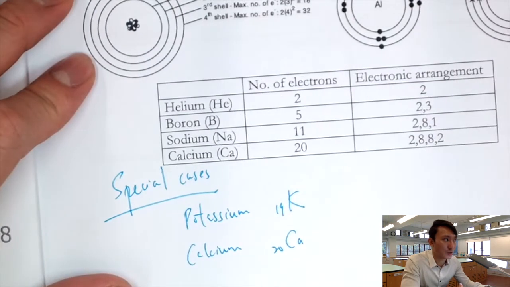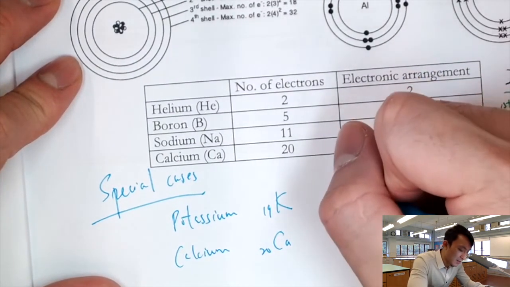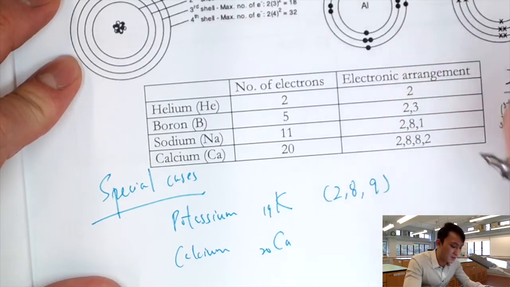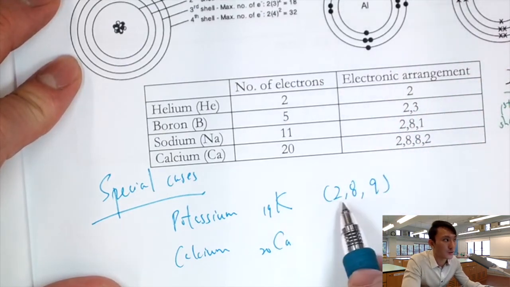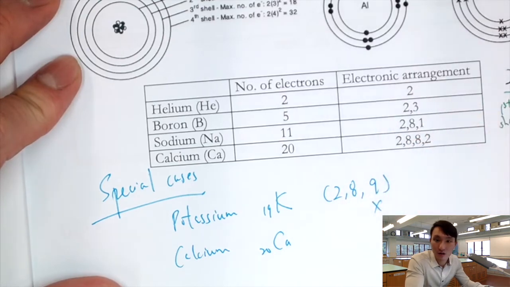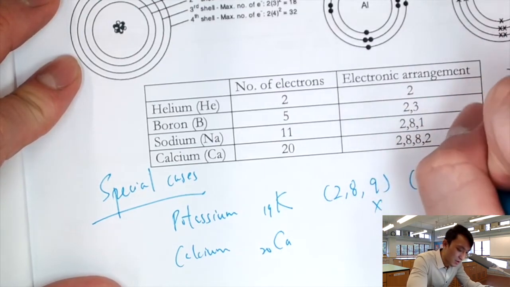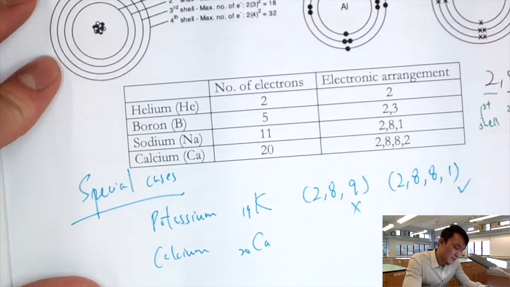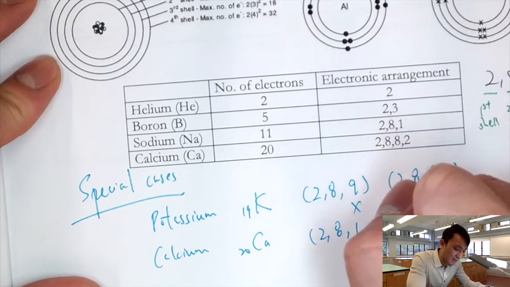So these two are special cases. So you may think it is 2, 8, 9, right? Because it's number 19, so 2, 8, 9. But sorry, this is wrong. The correct answer is 2, 8, 1. Okay?